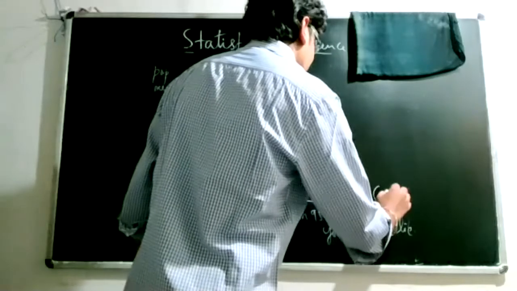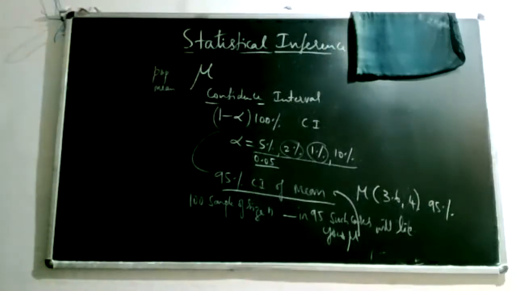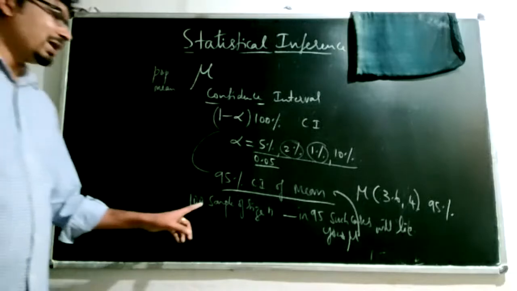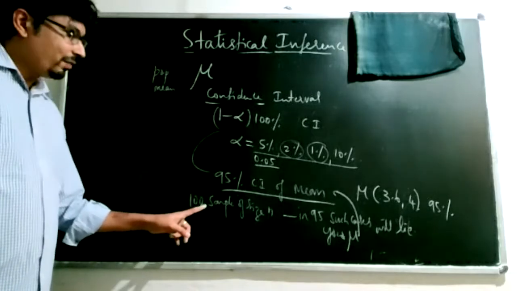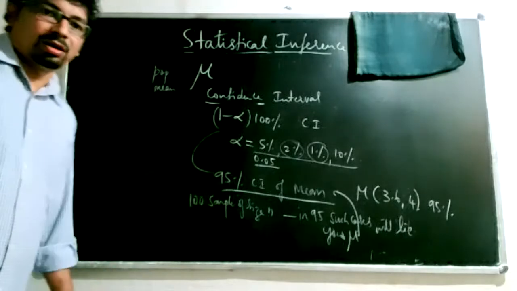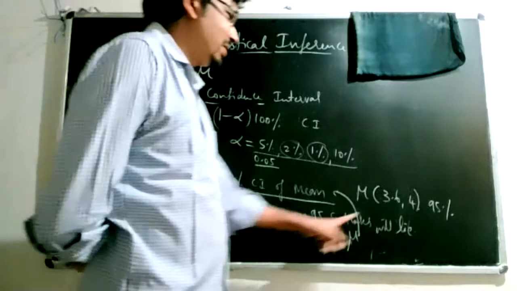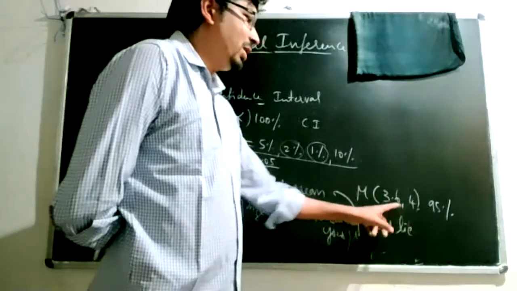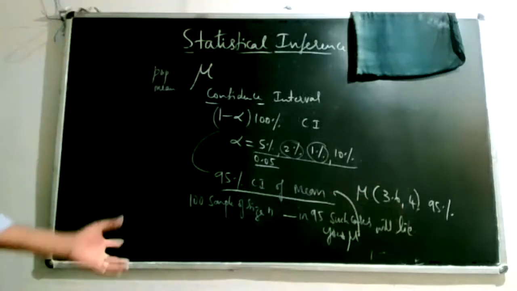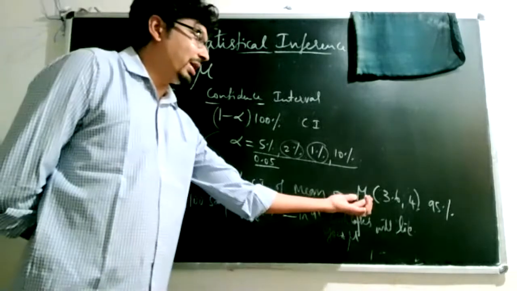So if I say my confidence interval for mu is 3.624, and this is with a guarantee of 95%, that is indicating that if you select 100 samples, compute 100 sample means, and estimate your mu as the sample mean, then in 95 such cases your true value of mu will be observed in the interval. For the remaining 5%, there is no guarantee that it will lie there.